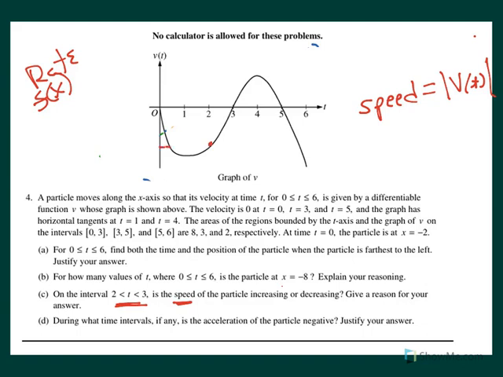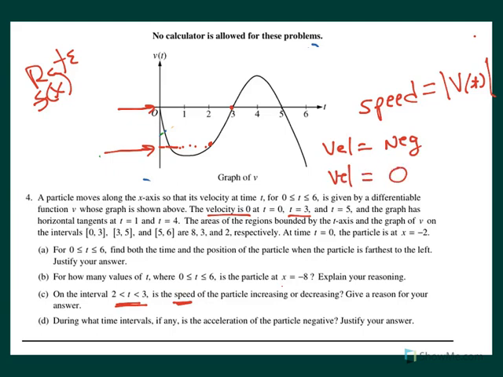So this would be some sort of negative value, some sort of negative velocity. And then we go to 3. And what did they say about the velocity at exactly t equals 3? They said the velocity is 0 there. So something is going from a negative velocity to a velocity that is 0.